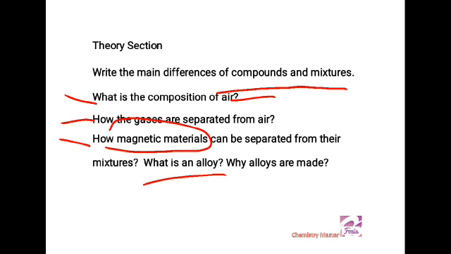You know, alloys are mixtures of metals, and alloys are always made to get some benefit from the metals. Sometimes we make an alloy to get beauty, sometimes to add hardness to the metals, and sometimes for its high tensile strength. So this is why alloys are made.